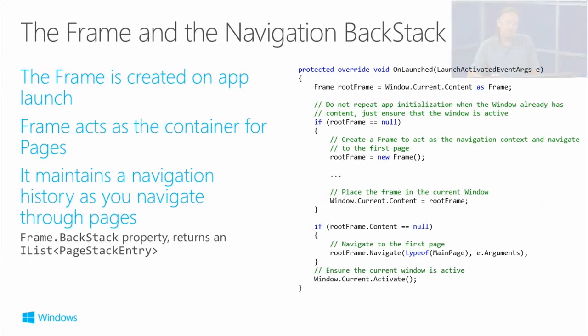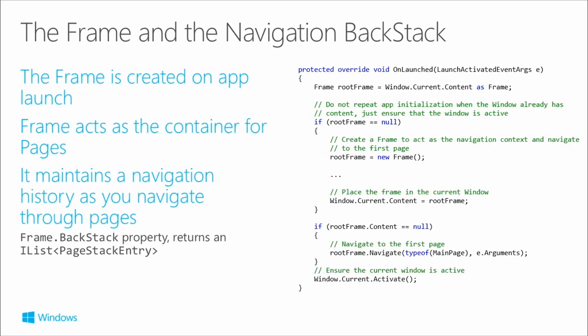If you dig down into your app.xaml.cs or .vb or .cpp, whatever your language is, you will find a method called OnLaunched in a Windows Runtime XAML app. This is your bootstrap code, and the first thing it does is check whether your window currently has a frame on it. The top line of that method says rootFrame equals Window.Current.Content as Frame.